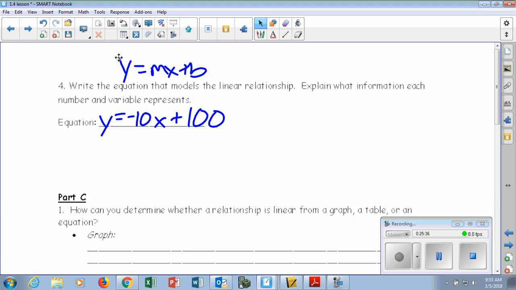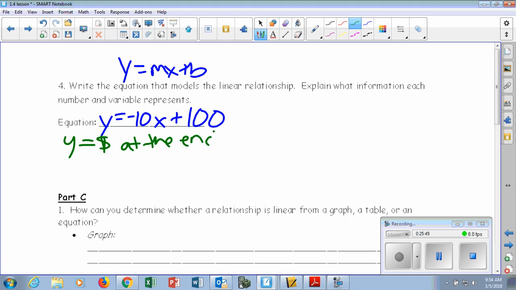Now I need help breaking this down. Like I said earlier, this is kind of like that Investigation 1 quiz that we're going to do. So, Brayden, I'll give you your y. But can you help me with the m? Y is the number at the end of the given week. So like the amount of money at the end of the given week. Okay?